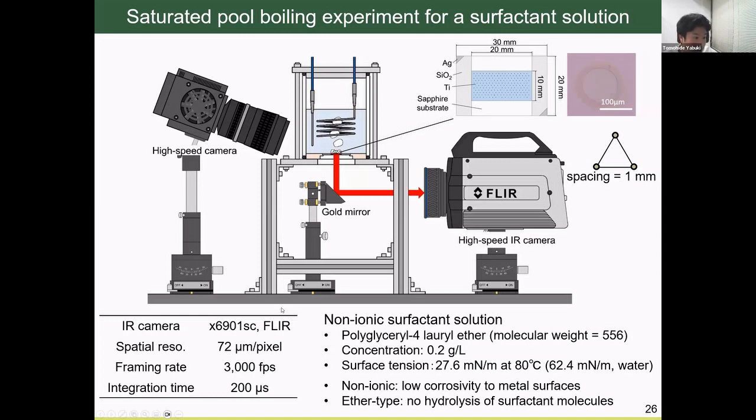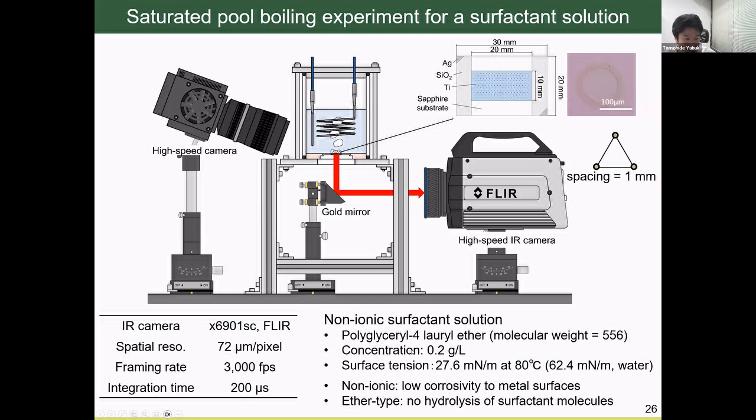And the experiment setup is the same as the pure water case. And in this case, I used the spacing of 1 millimeter. And an important thing is the surfactant used. We selected the non-ionic surfactant, polyglycerol ether.